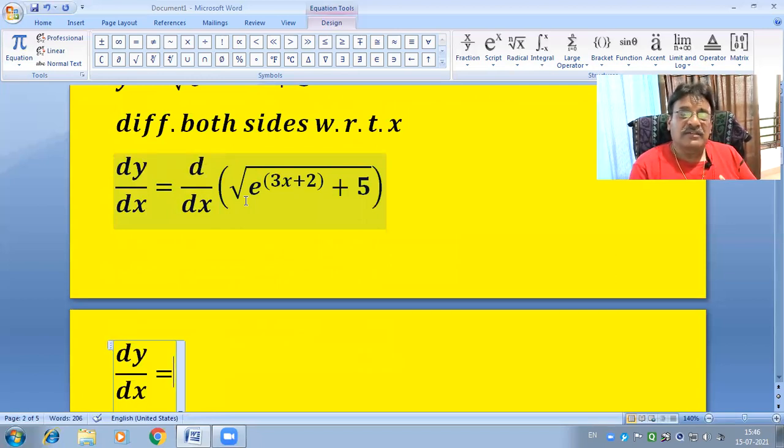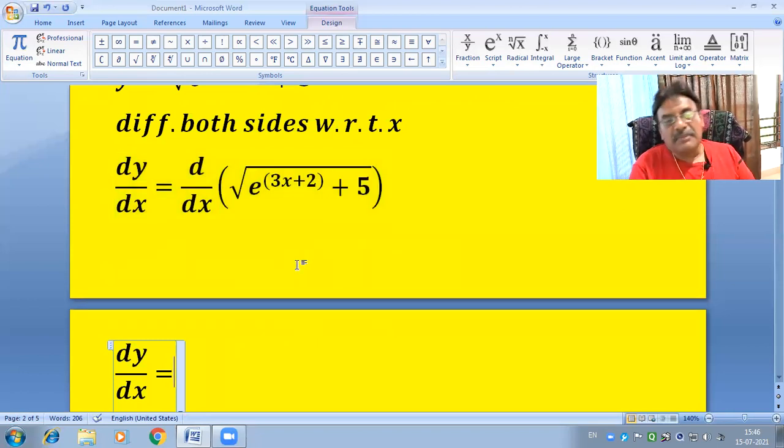We know that d/dx of under root f(x) is 1 by 2 under root f(x) into f dash of x, and f(x) is replaced by this term, e to the power 3x plus 2, plus 5.